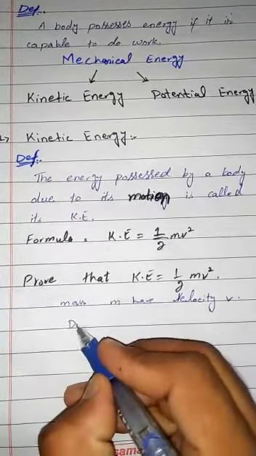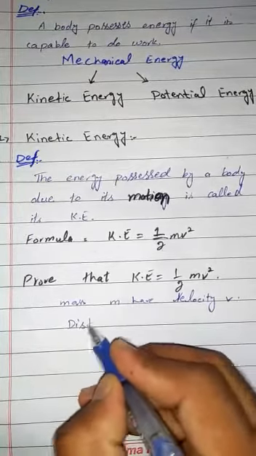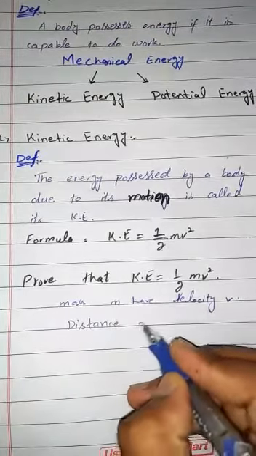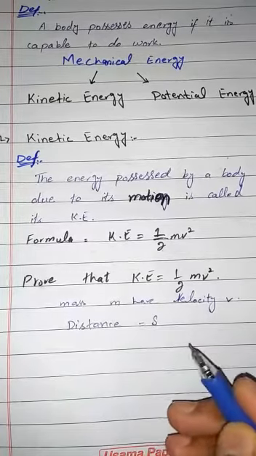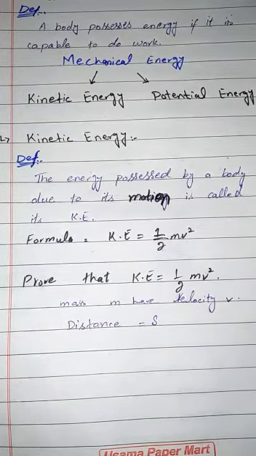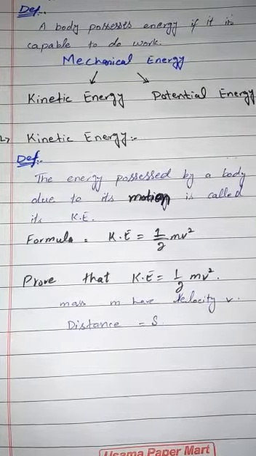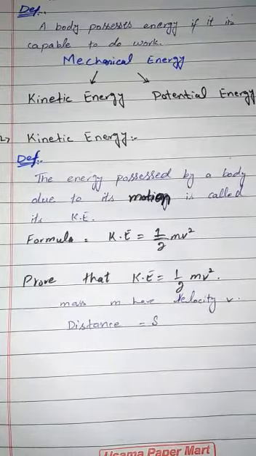The distance covered by the object is s. Clear? Okay, now the body possesses kinetic energy and is capable of doing work against the opposing force until all of its kinetic energy is used up.